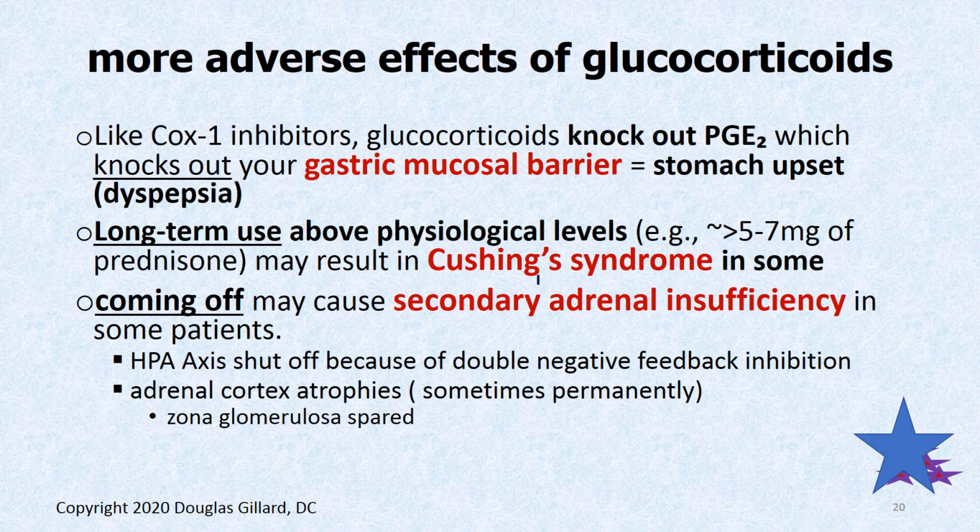And if that's not bad enough, you start developing Cushing syndrome, and the doc says, okay, we got to take you off it. So you try to wean off. And then we know from the last lecture that sometimes the machinery that makes cortisol and makes ACTH and CRH is permanently damaged, and it doesn't come back, or it can take a year or 2 years to come back on.